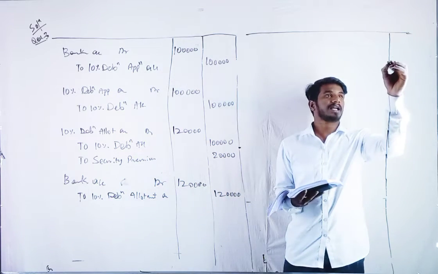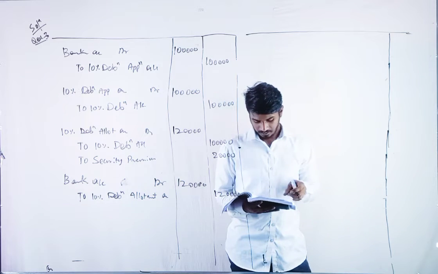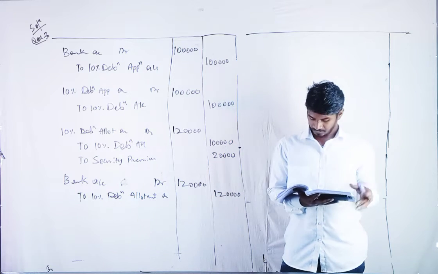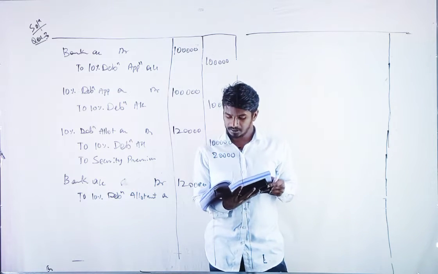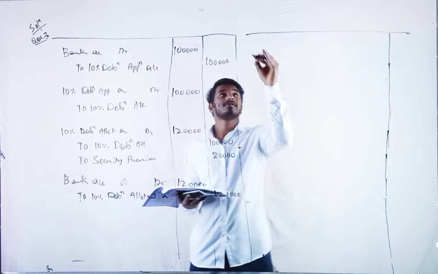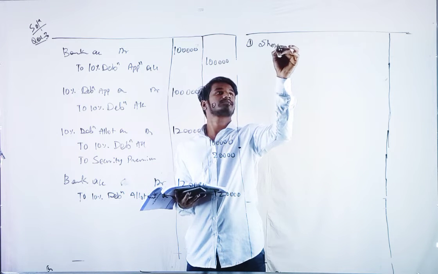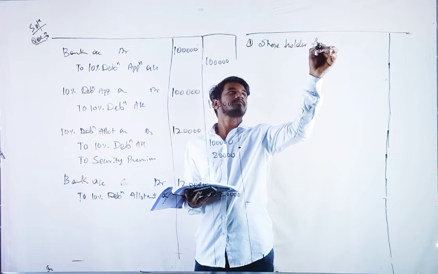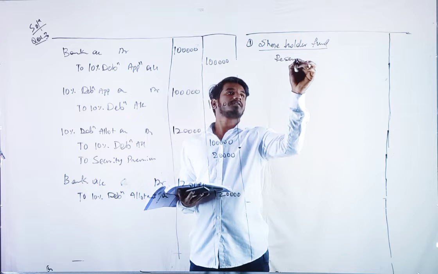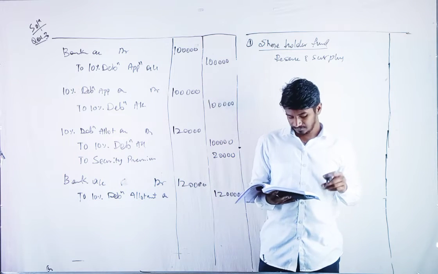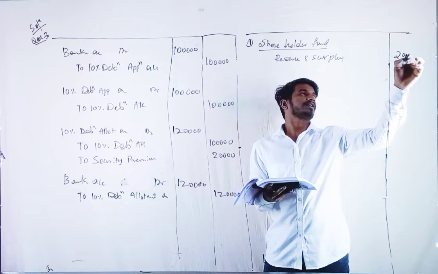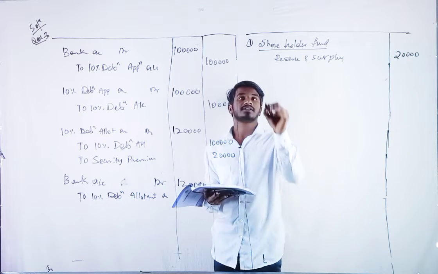We should do the balance sheet now. In the end, what they have given, we have everything, right? Yes, we have everything. In the end, show how the amounts will appear in the balance sheet. First, we have shareholders' funds. Under shareholders' funds, reserves and surplus, and we will show security premium of rupees 20,000 in reserves and surplus.